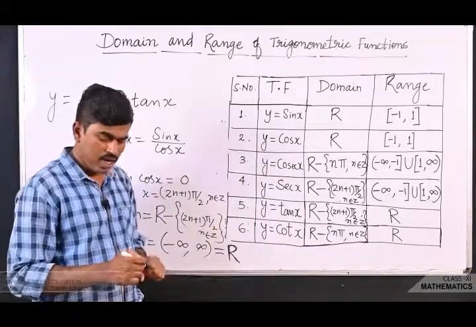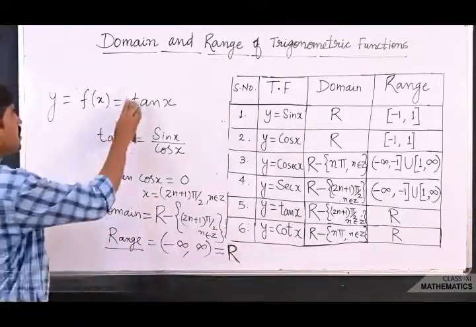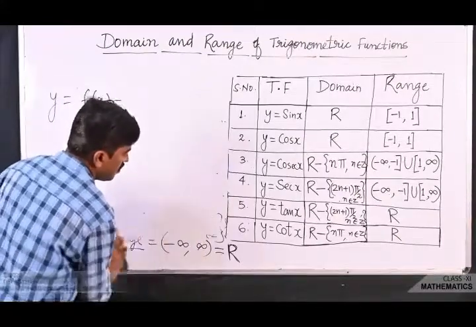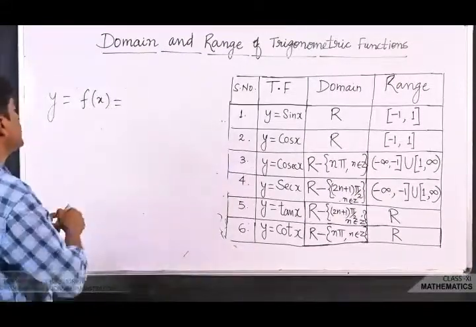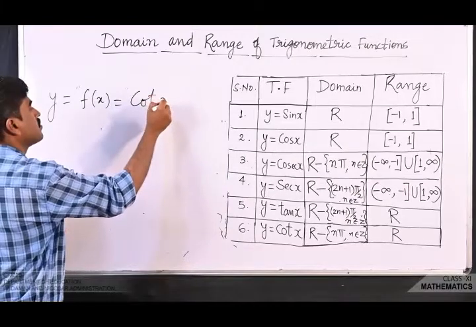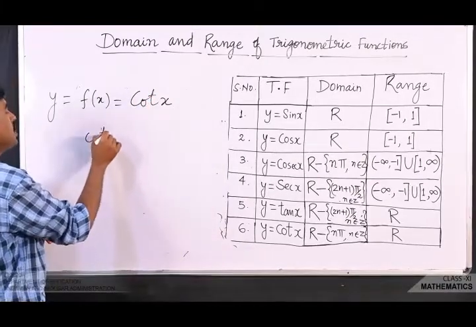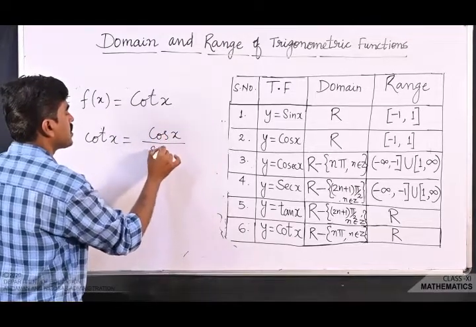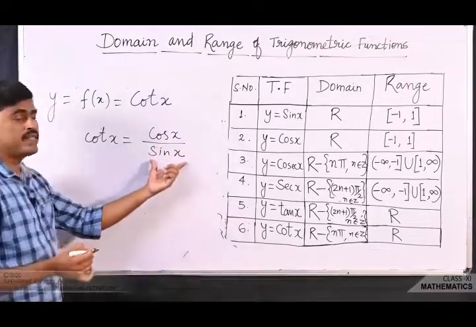Okay. Now let's move on to the next function, the last function, that is cot x. If f(x) is equal to cot x, now we know that cot x is equal to cos x divided by sin x. Here the denominator is sin x.